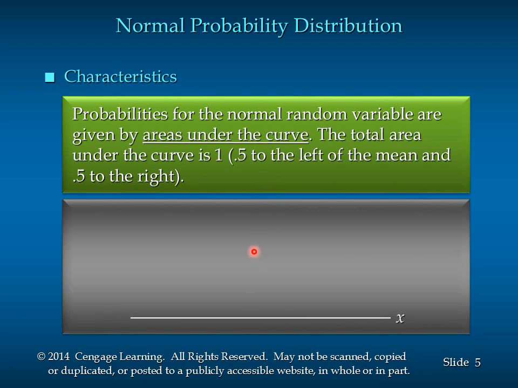Okay, key concept here. 0.5 and 0.5. If you took all the numbers under this curve and added up all the probabilities, what would be the probability that you get every number under that curve? 1, that's right, 1.0. And how did you get that, Casey?